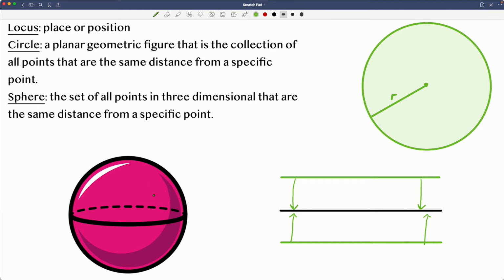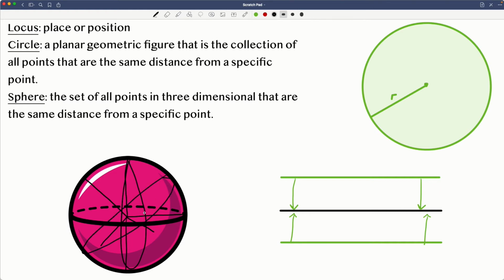All right, so this edge is the locus of the radius to the center. Same thing is true for a sphere. The only difference between a circle and sphere is that the sphere is three-dimensional. So that means not only do you have the radius coming from the center of this circle to the edge, you have the radius coming from the center to the top, to the bottom, to the side, to the back, to this side, all the way around that point three-dimensionally. You have a circle here, you have a circle here.